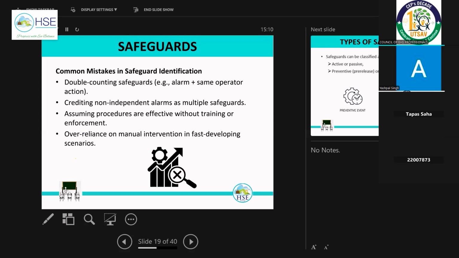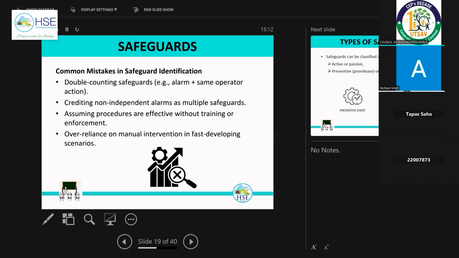Mistakes in safeguards: identification of safeguards and double counting safeguards, like an alarm and the same operator. As I just shared in the example, a pressure transmitter and transmitter training must be required, as for the protection layer. In that case, training means not only giving training, but effective training. Effective training means we should have a training matrix, a training program, annual and monthly programs also. In the case of classroom training, there should be post training evaluation and criteria to be achieved, like 75% of people should pass with a 75% mark, then that's a successful training.